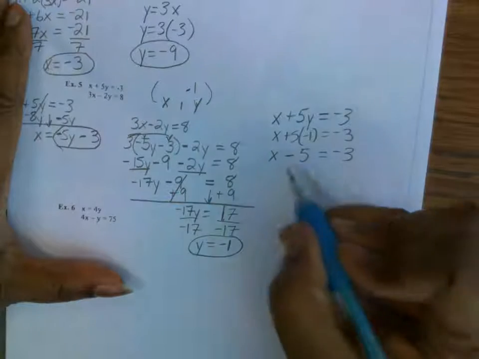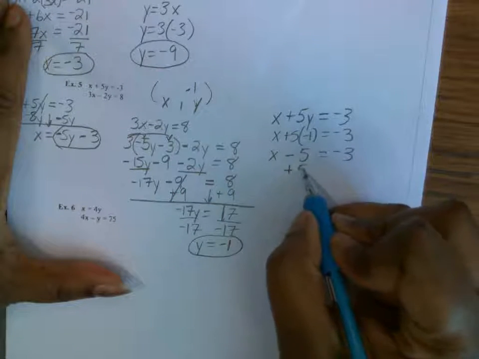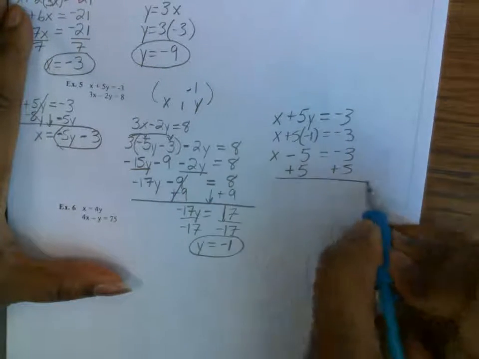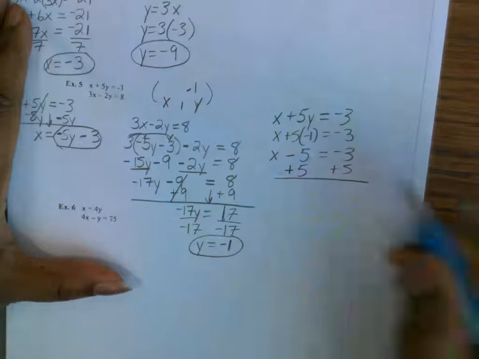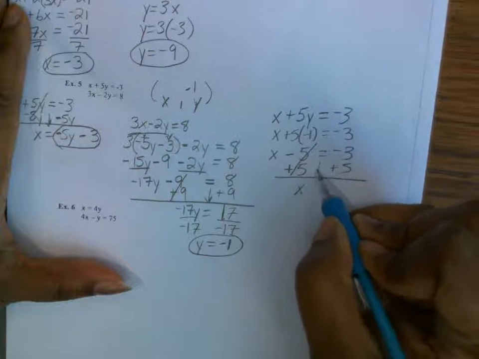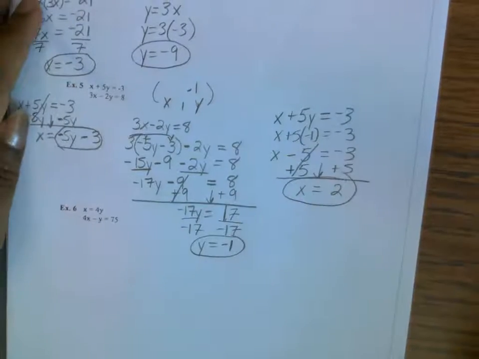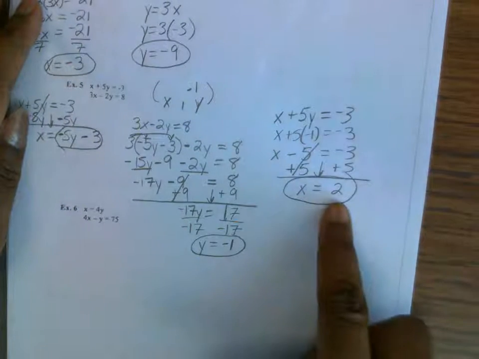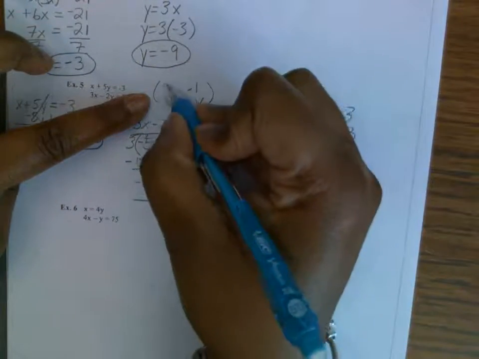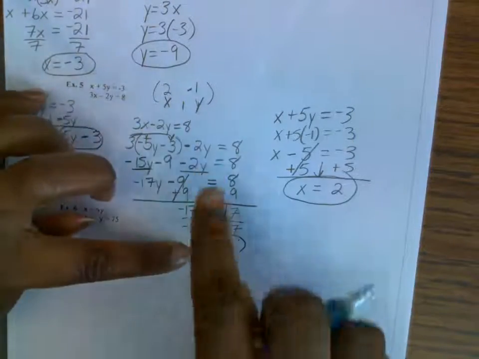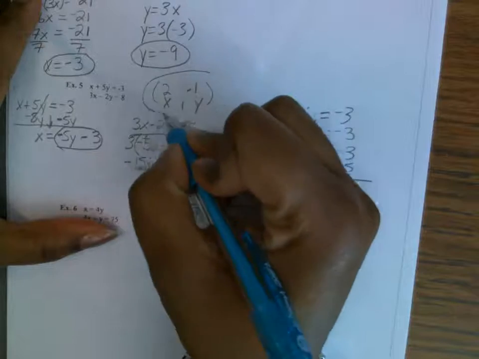To get x by itself, add 5 on both sides. And this gives me x is equal to 2, a positive 2. So my x coordinate is 2, and my y coordinate is negative 1. This is the solution.